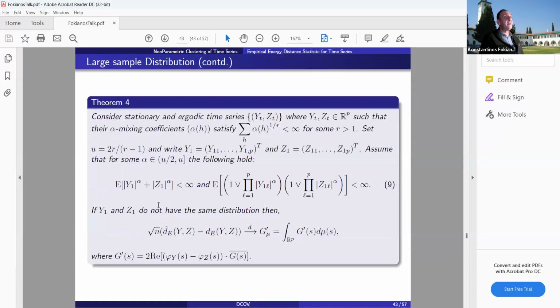And if they don't have the same distribution, then this distance is asymptotically normal. So there are these theoretical results, and all of these proofs are contained in the paper.